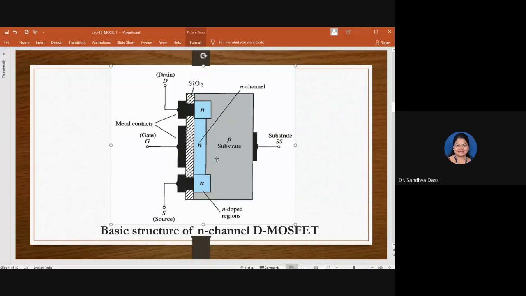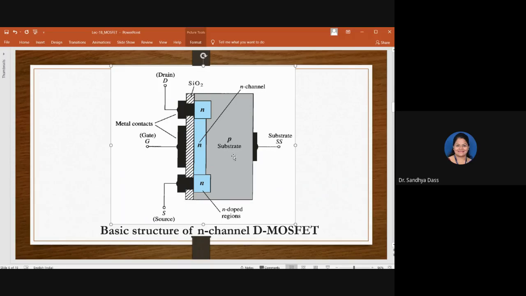And as you observe in the construction, there are metal contacts, okay? This dark color, the black color indicates the metal contacts, which provide the contact to the leads, okay? There are 3 leads and one more, as you can observe, which is the substrate.